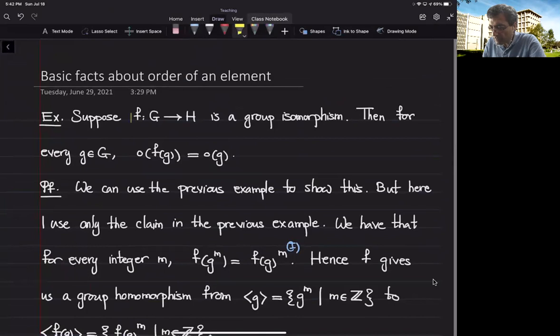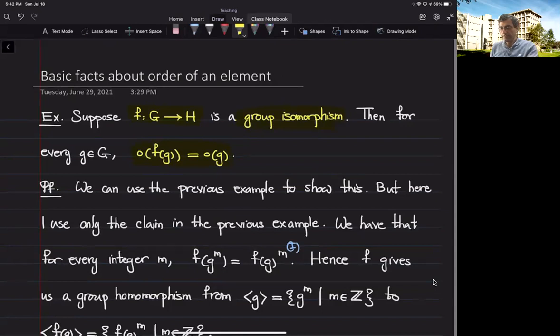So if f is a group isomorphism, then we want to say that order doesn't change at all. In the previous example, we discussed it when the order of an element was finite, but here I'm going to discuss it in general. I don't assume that the order of g is finite.